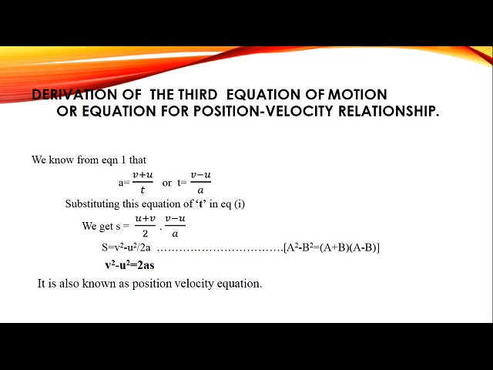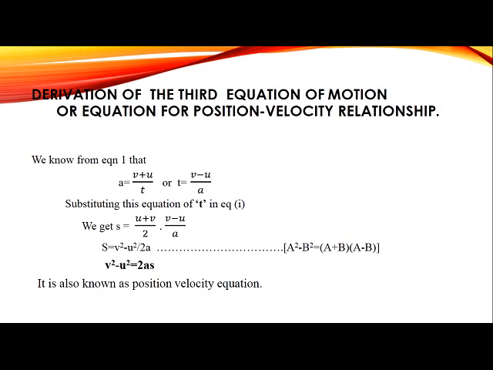Now children, in your maths, you have studied a square minus b square, which you studied in your 6th or 7th standard, is equal to a plus b multiplied by a minus b.